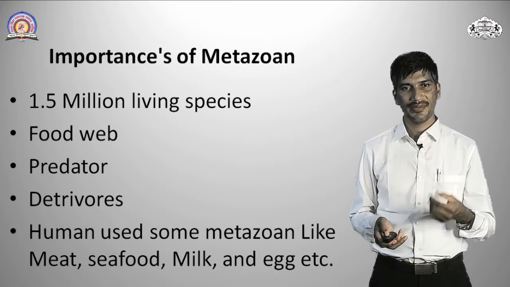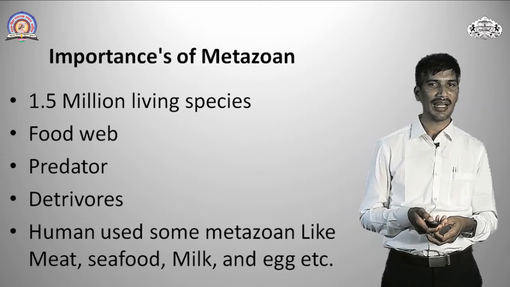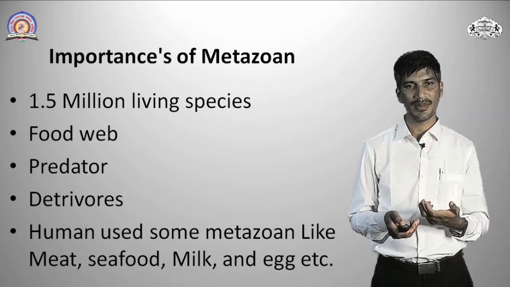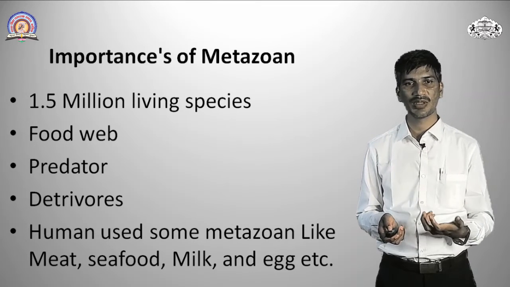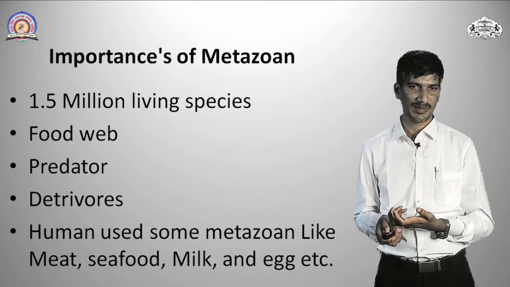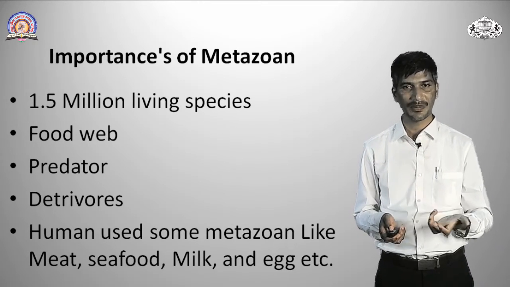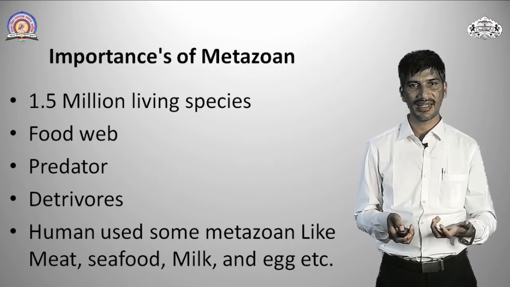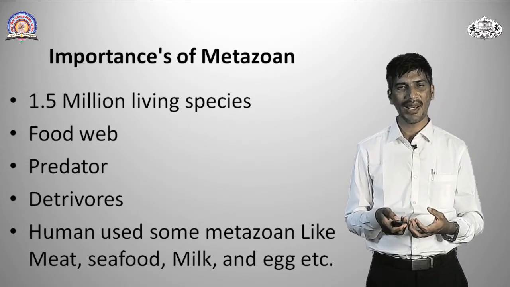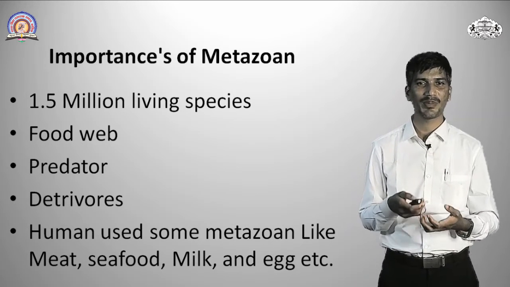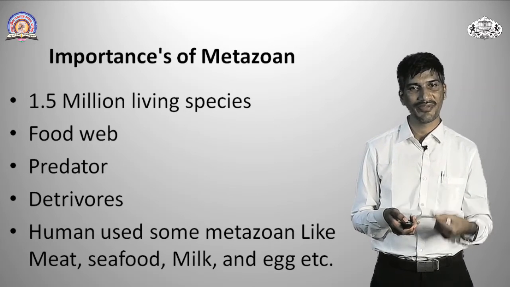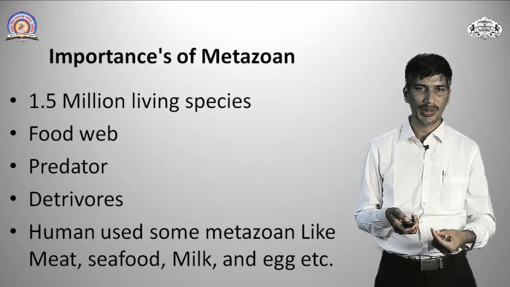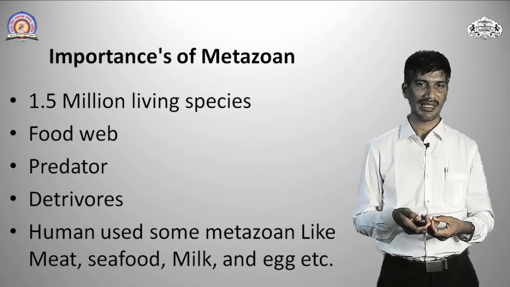Then a very important feature is that humans use some metazoan animals for different purposes, like flesh, seafood, milk, eggs, etc. Humans take different advantages from different metazoan animals, and ultimately these animals are very important to human beings as well as to maintaining the environment.